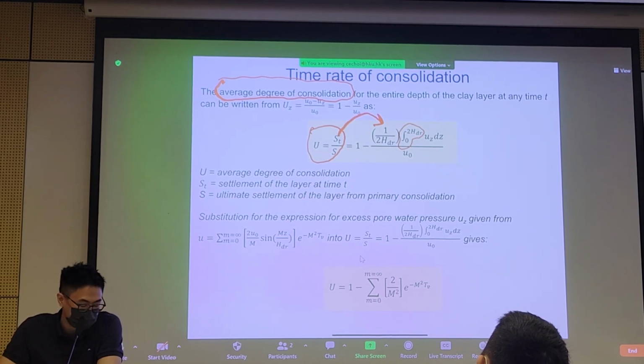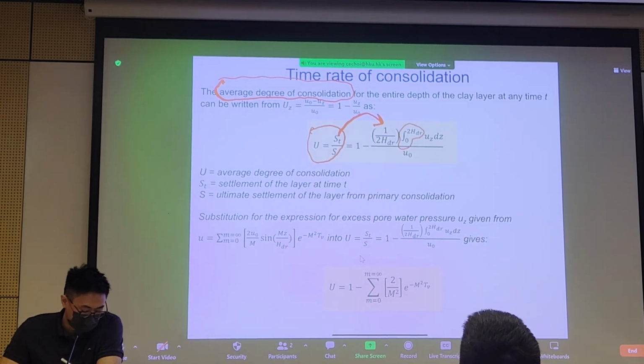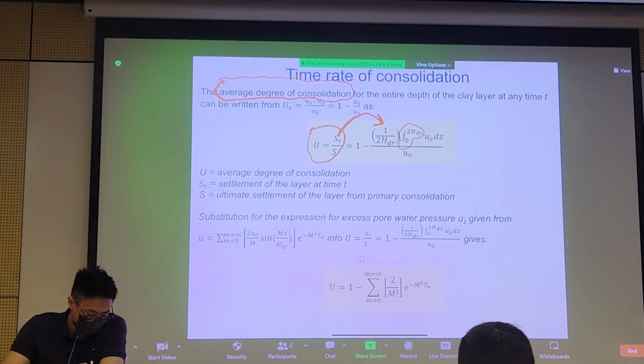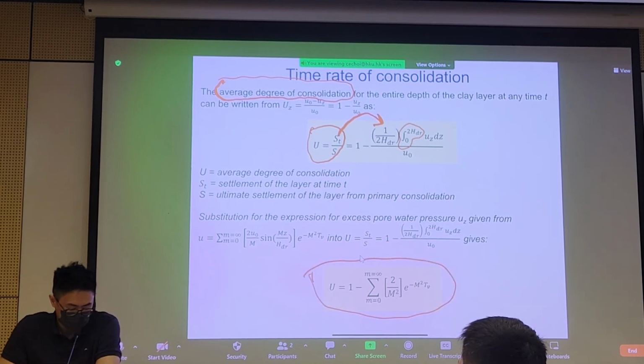Because sometimes we're not interested in per depth. If you do this, then mathematically, eventually you'll arrive at some expression like this. And this is mainly what we use from day to day in our practice examples, in our calculation, and on your exam. And do you use this and try to calculate explicitly, and you try to put in different m values? No, we just refer to design charts.